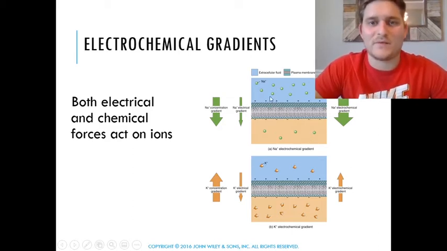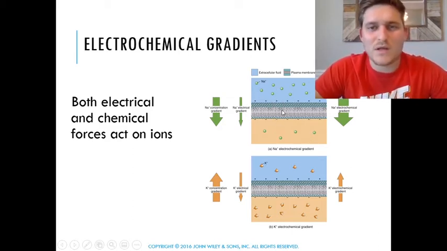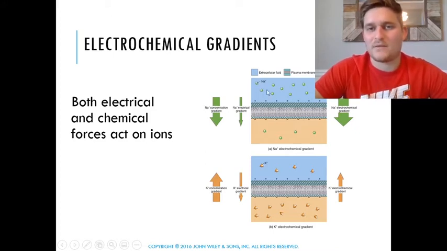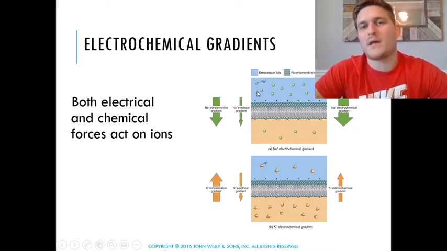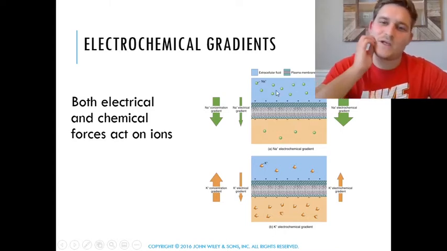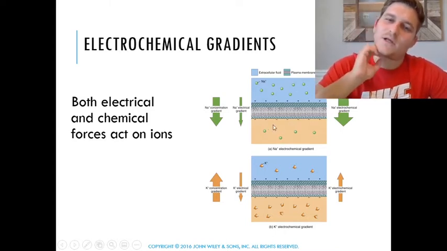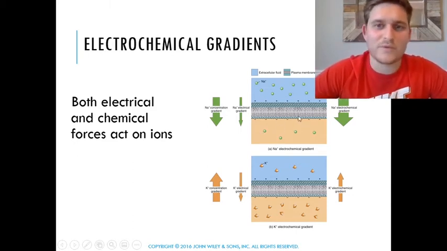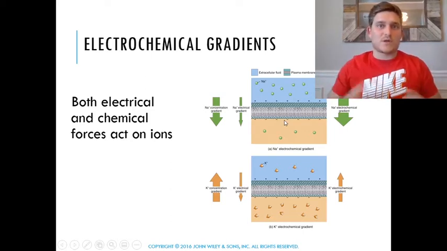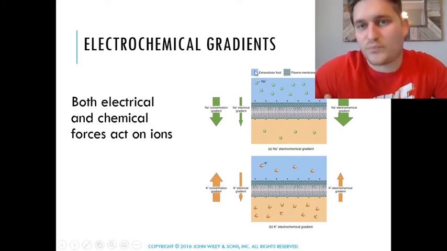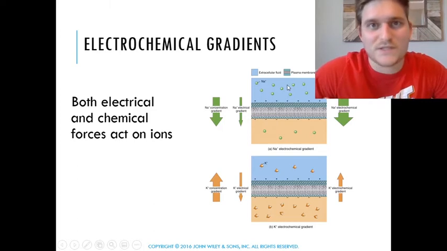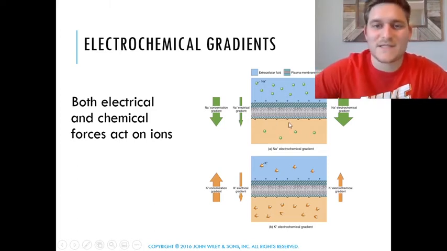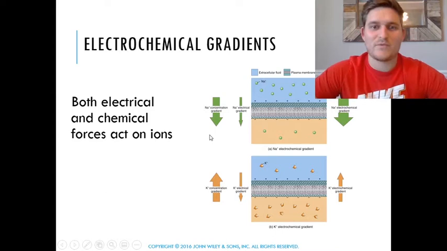If you just took into account the concentration, some sort of door in the plasma membrane would open, and these ions would start moving from a more positive and highly concentrated area to a negative and lower concentrated area. If this portal remained open, you would reach what's called equilibrium. If there were just sodium ions, you would have roughly 50 on this side and 50 on the inside at any given moment.